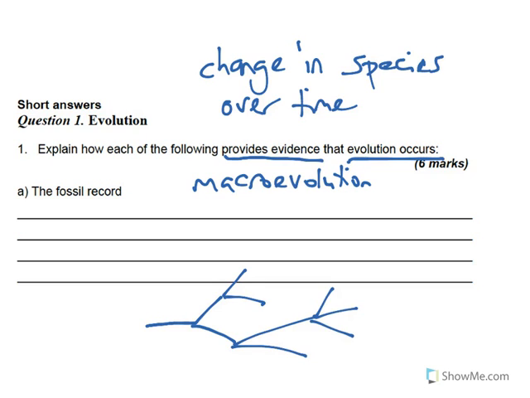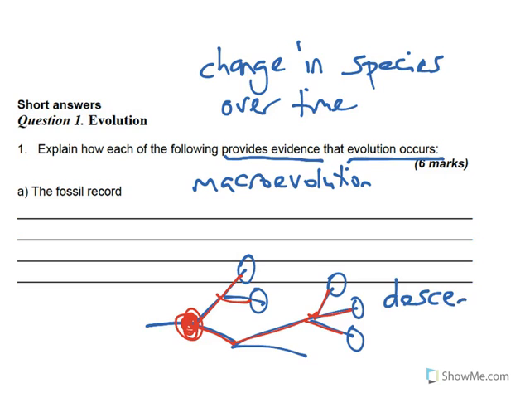And he therefore said that if we take all existing species today, we can trace them all backwards to a point at which they all shared a common ancestor in the evolutionary past, which in the case of this tree I've just drawn is in this red position here. So what Darwin was talking about was the process of descent with modification.